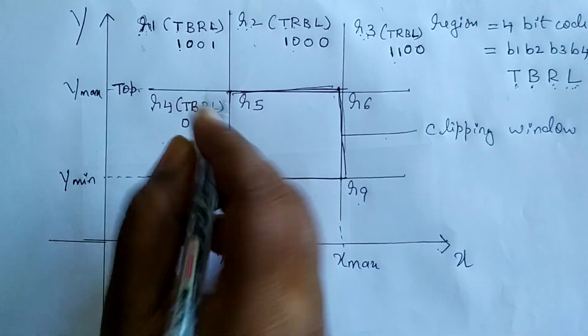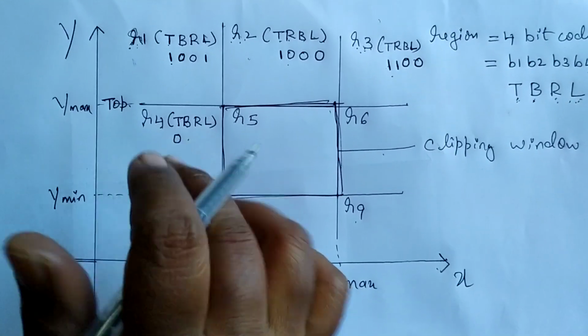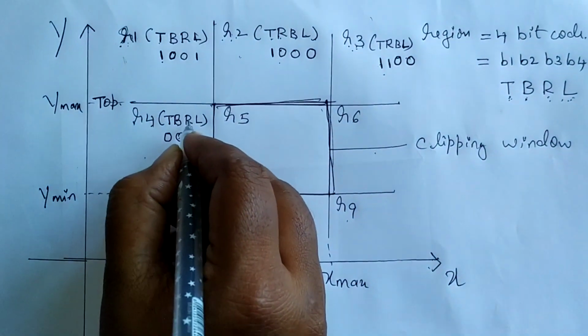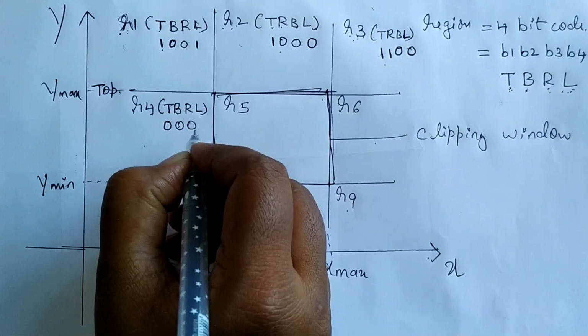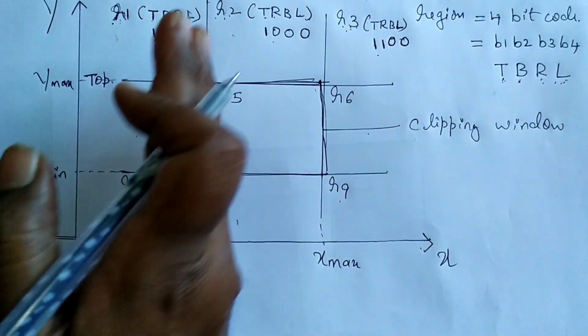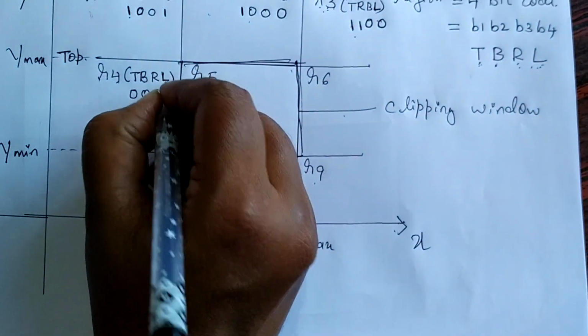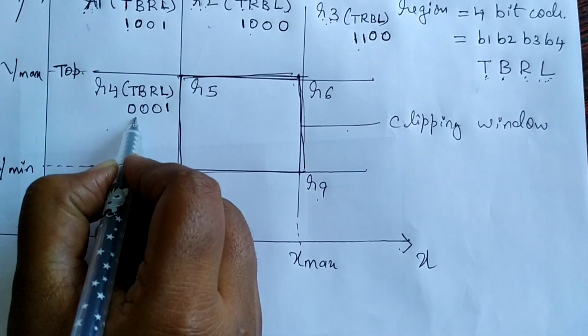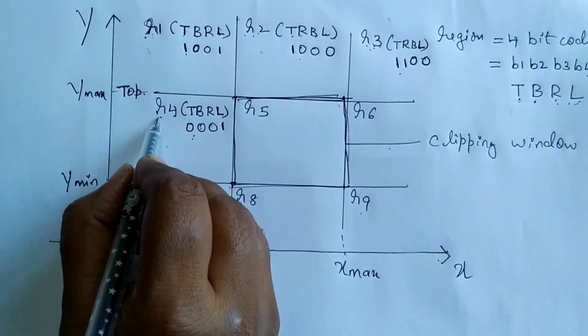Is it in the bottom? No, so the bit will be 0. Is R4 on the right side of the window? No, 0. Is R4 on the left side of the window? Yes, so the L bit will be 1. This is the region code or bit code for the R4 region.